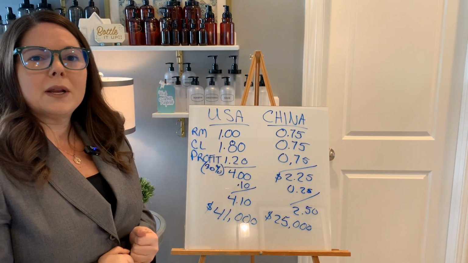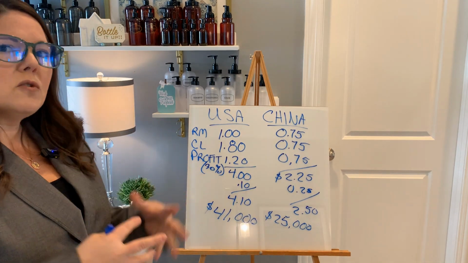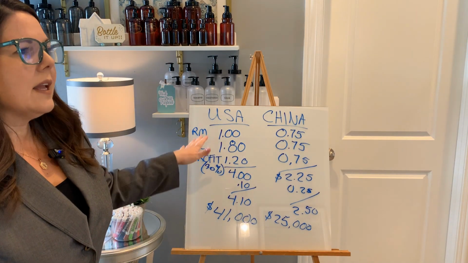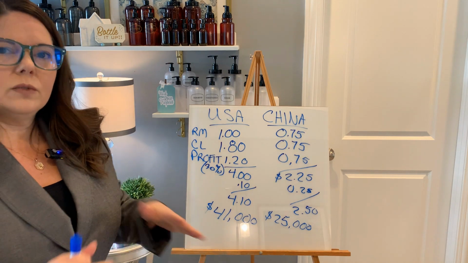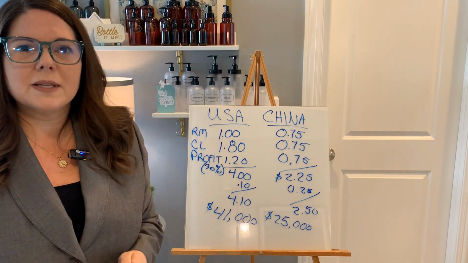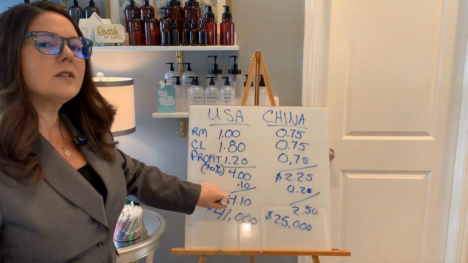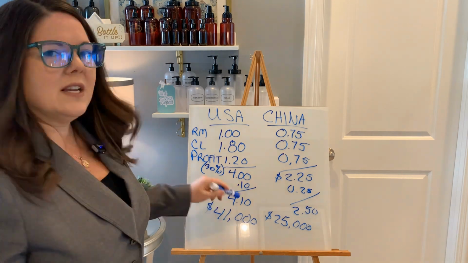Then I have to have somebody who will package everything up because there aren't any suppliers who do all of those things in the US. And then I have to ship all of these things to each one of those third-party providers, and then I got to ship them back to myself when they're finished. By the time I'm done here, this $4.10 a unit comes closer to about $15 a unit.